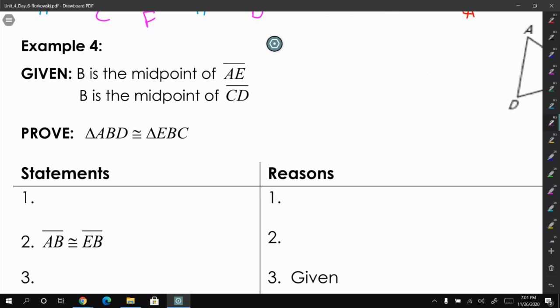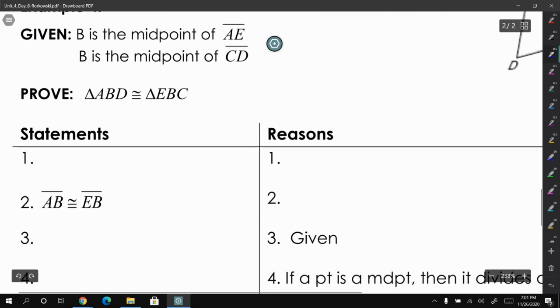So what I want to do is write down the given. And as I look at this proof, I see that given is a reason down here in number 3. What that tells us is that we don't want to write both given statements for statement 1. So let's write the first one in statement number 1. So B is the midpoint of AE.